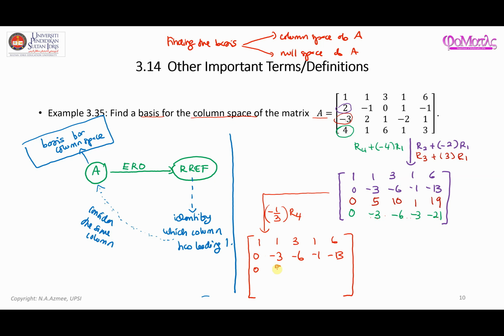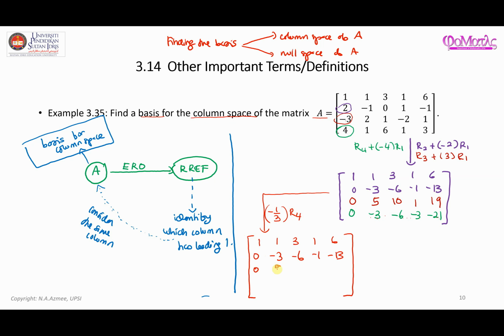Okay, next what we can do is consider taking this value equal to 0. So we make the change on the fourth row plus -2 times the third row.